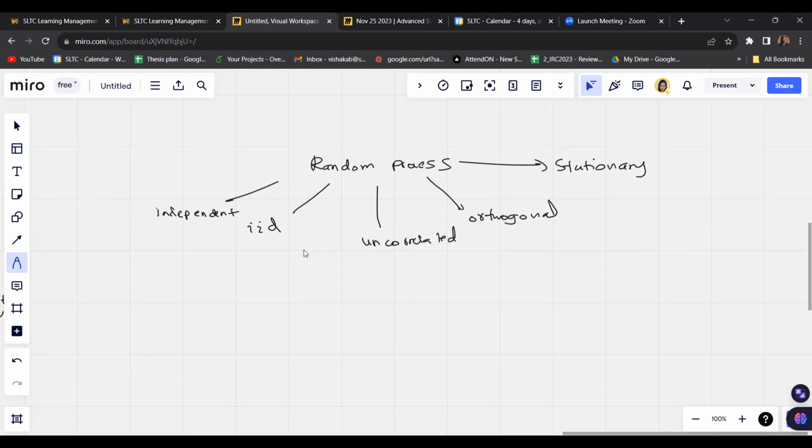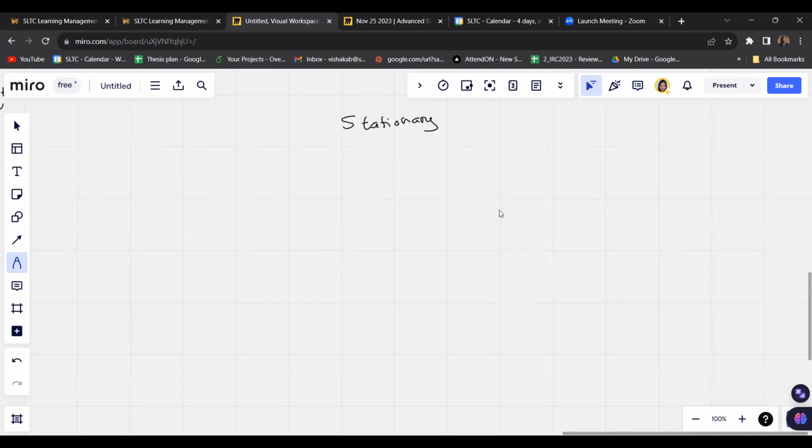Stationary random processes have their own definitions, so we have to consider them separately. I can divide them into basically two types. One is known as the strict sense stationary processes.